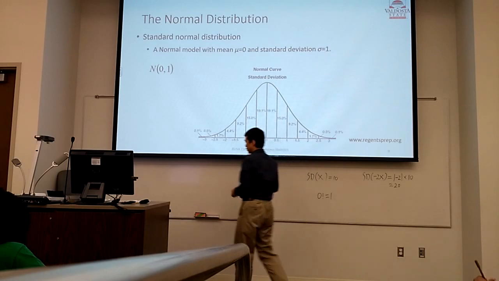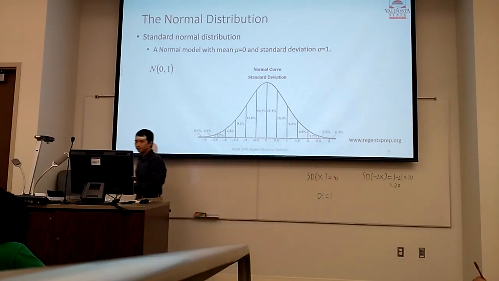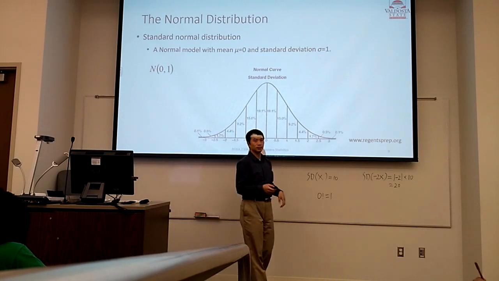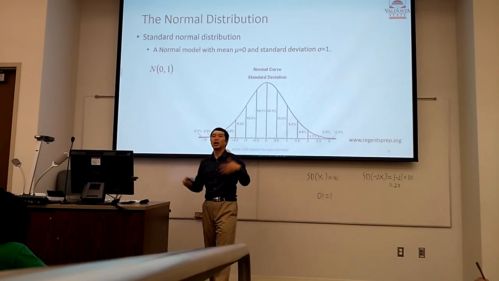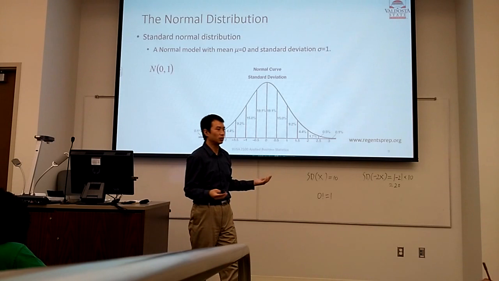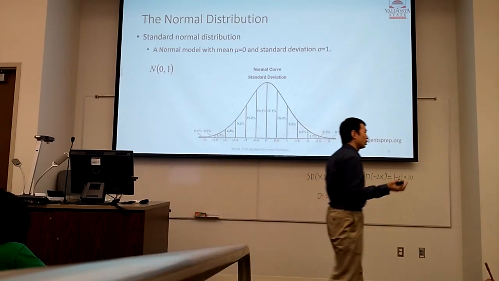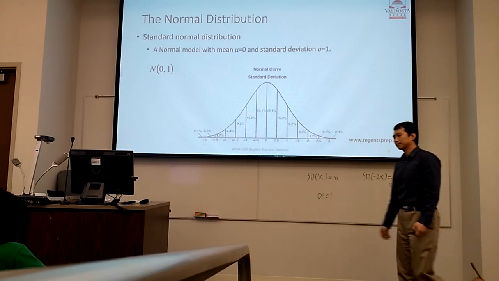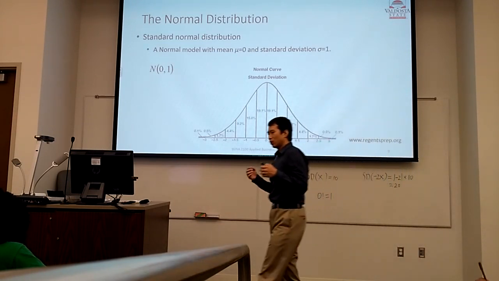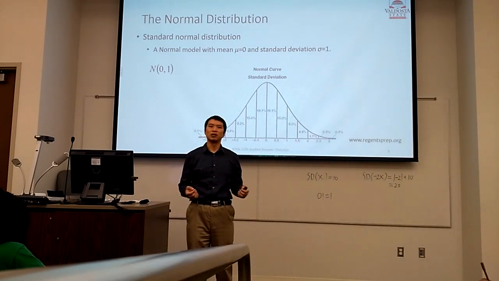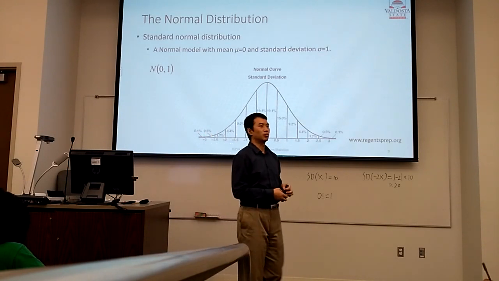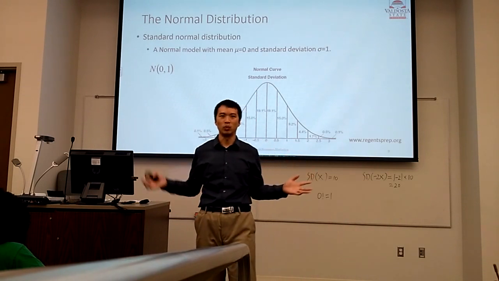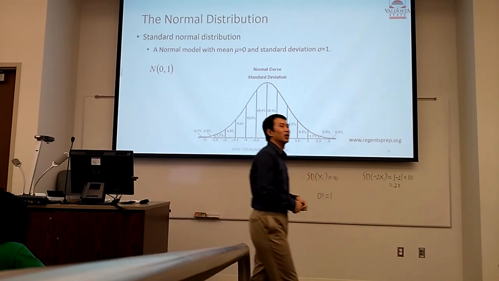So the normal distribution: mu can be any value, could be 1, 100, 300, and so on. The standard deviation can also be different numbers, but we need to know some properties about this kind of distribution. If we do not control mu and sigma, we don't have a standard property.